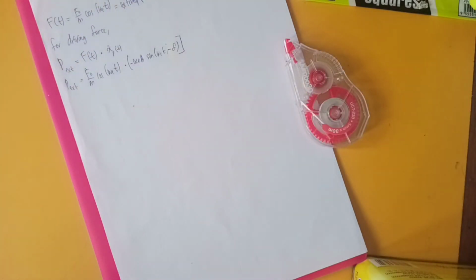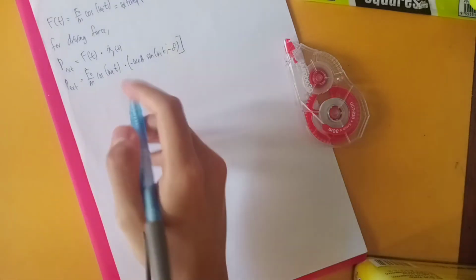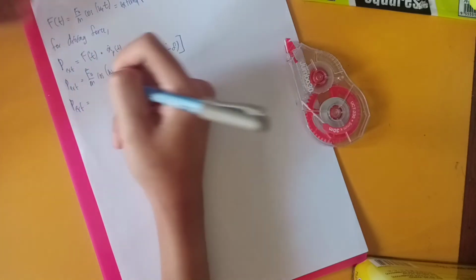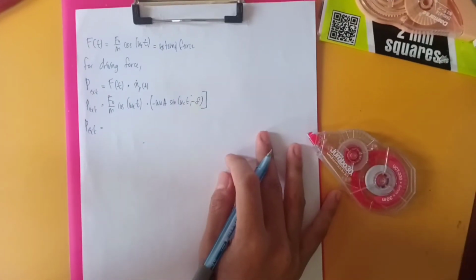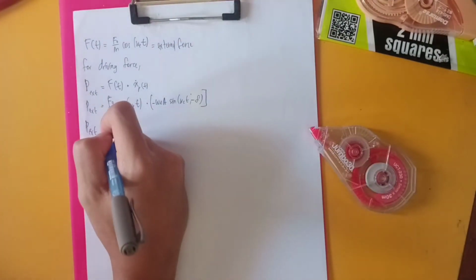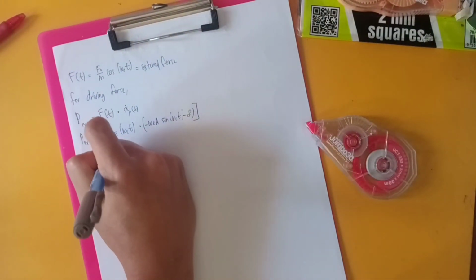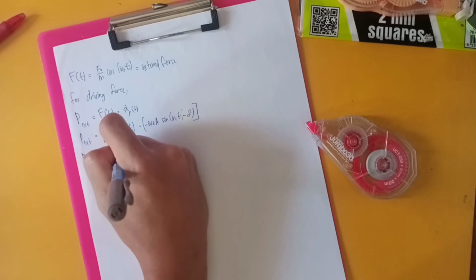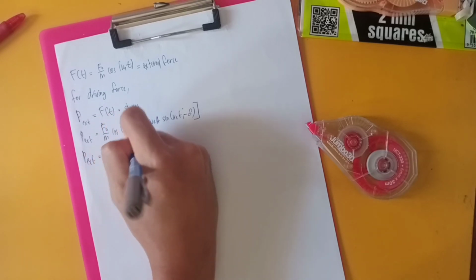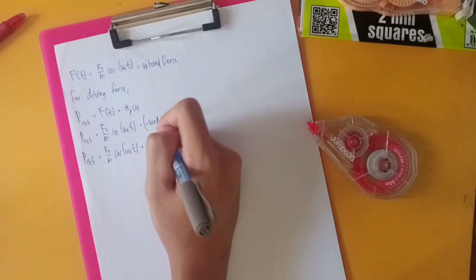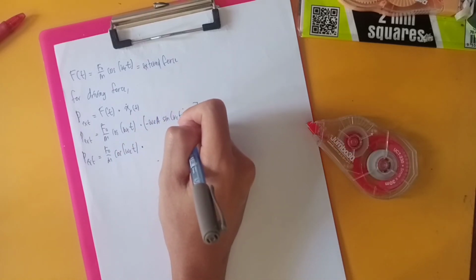Oh man, it's beautiful. So the power of the external force is equal to, can you see that? Okay, yeah. F naught over m cos omega_e t times negative omega_e A sine of omega_e t minus delta here.